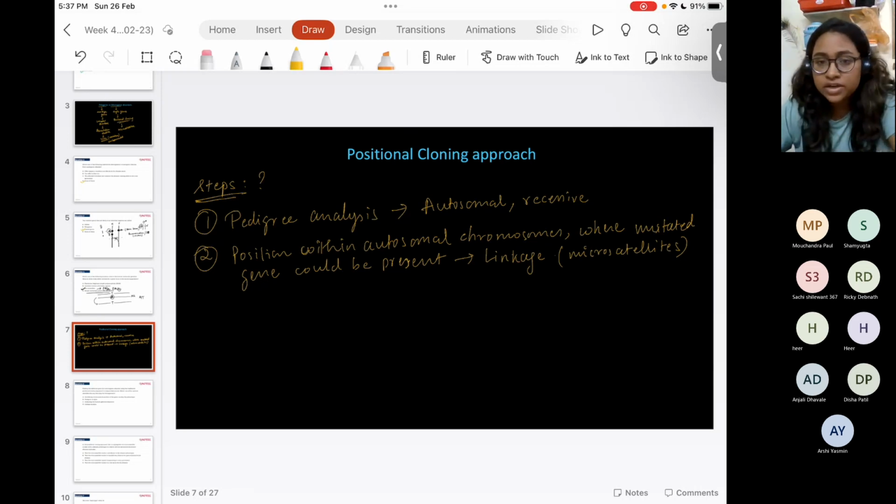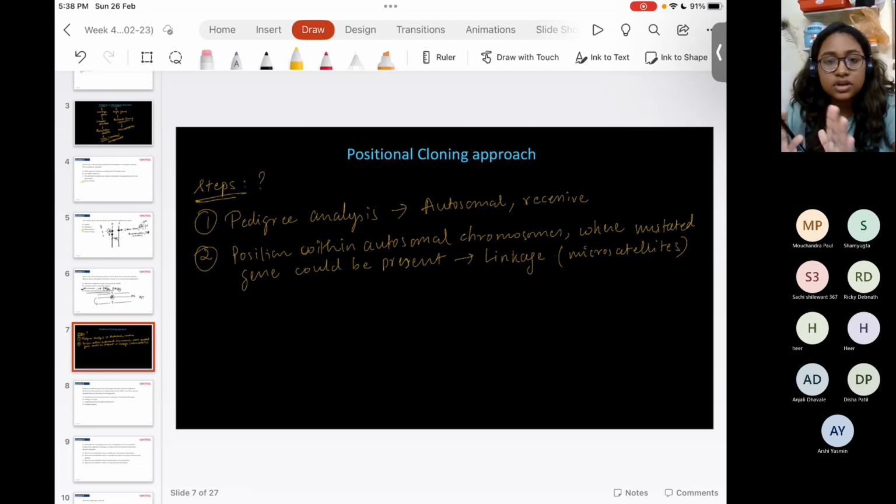So you don't know the defective gene, but you do know the microsatellite markers. If you can identify a few microsatellite markers which are inherited from one generation to the next, and you see that in all the affected individuals the microsatellite marker is present in homozygous condition, then you can guess that within the portion between two microsatellite markers, the defective gene is present.